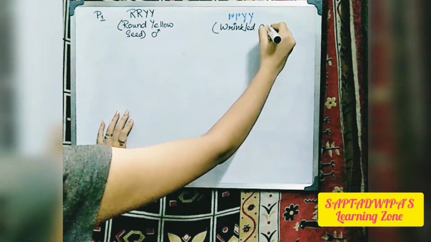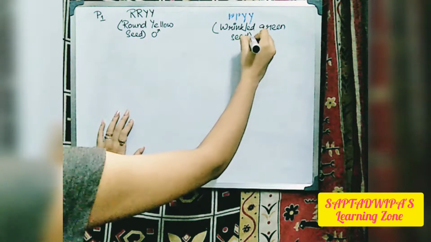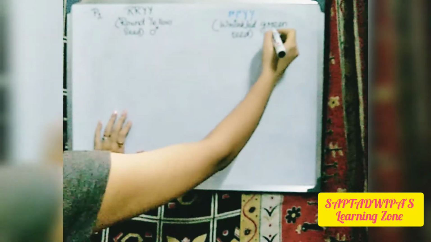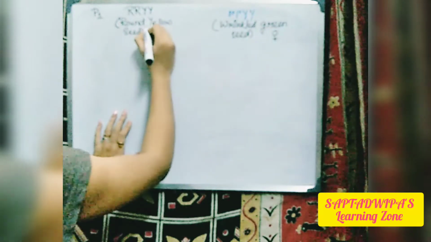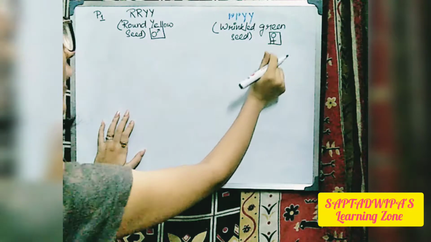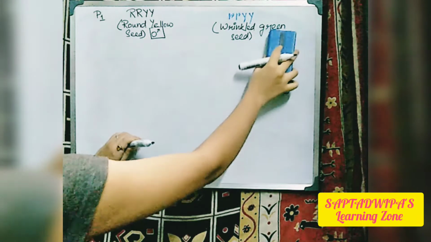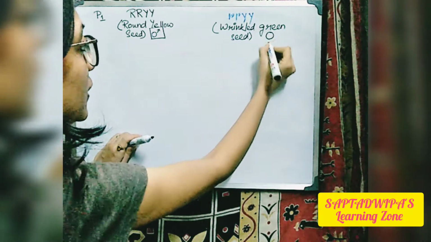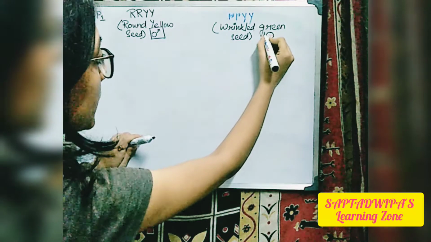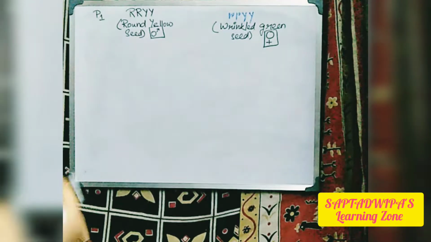So wrinkled green seed. Let's take this as the female. So this is the symbol of the male and this is the symbol of the female. I'll write it once again because it's not understandable. You put a circle and then a plus like this. So this is the symbol of the female.